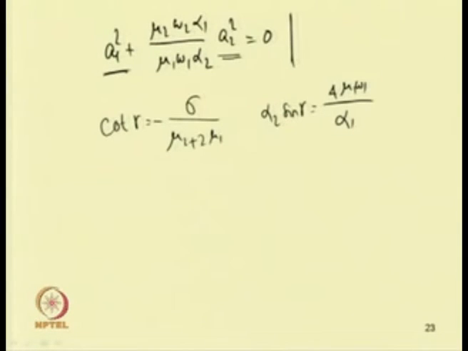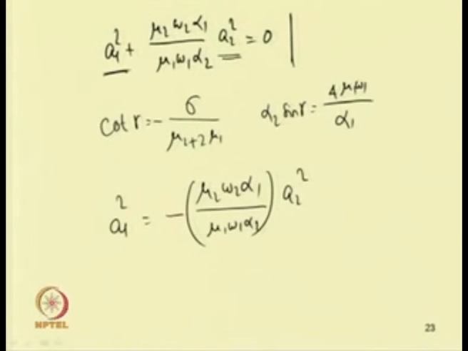So, alpha 1 and alpha 2 should be of opposite sign, so that one can have real values of A 1 and A 2. Otherwise, if they are of the same sign, A 1 square equals minus mu 2 omega 2 alpha 1 by mu 1 omega 1 alpha 2 into A 2 square. This term becomes negative, so one gets an imaginary value, and it will not yield any solution.